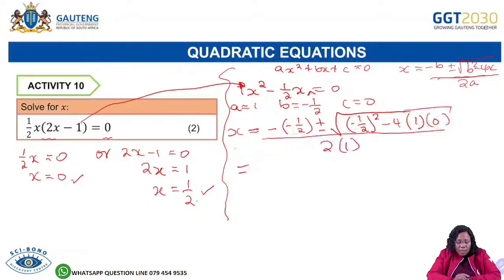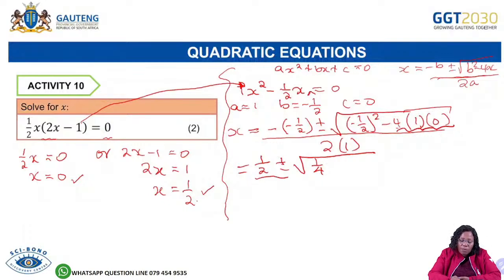Negative times negative half will be positive half, plus or minus negative 1 over 2 squared, which is 1 over 4. Negative 4 times 1 is negative 4, times 0 is 0 there. So inside the square root sign we are left with a quarter, 1 over 4. And 2 times 1 is 2. Or you can just put this into your calculator, it will give the straight answers, right?